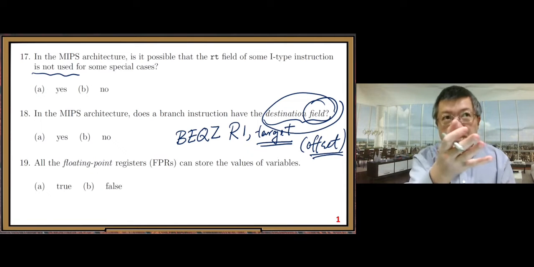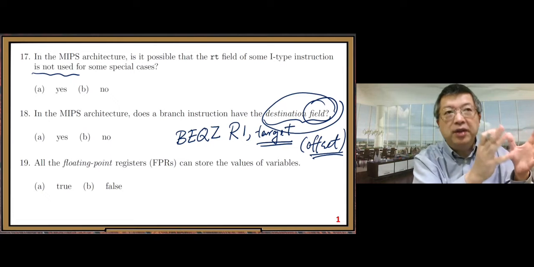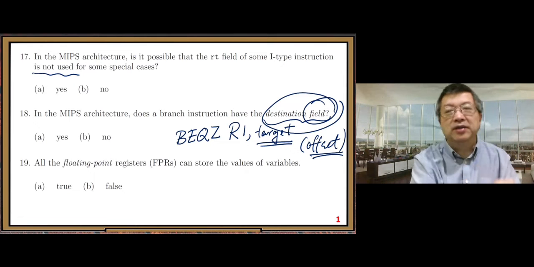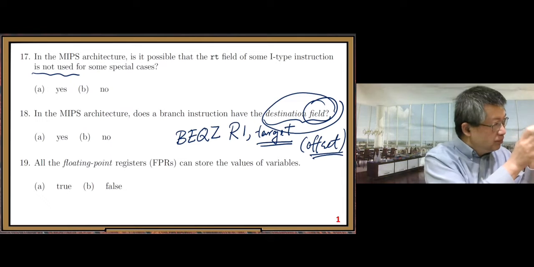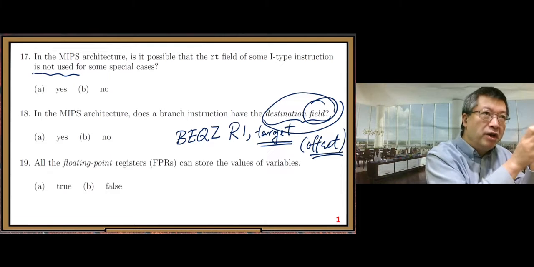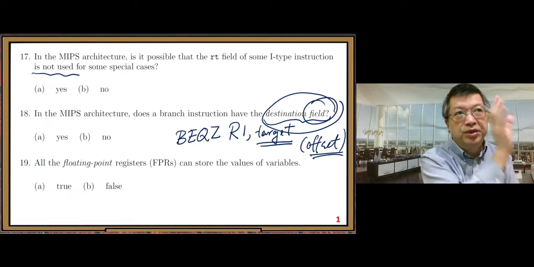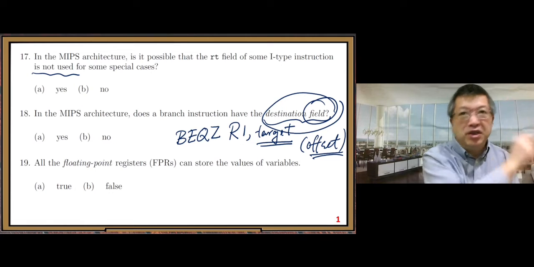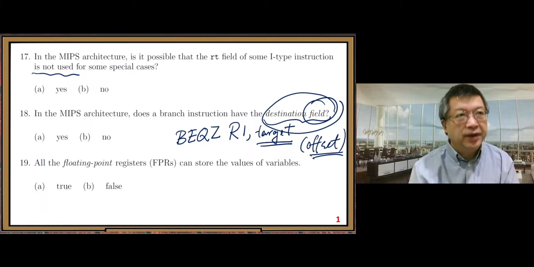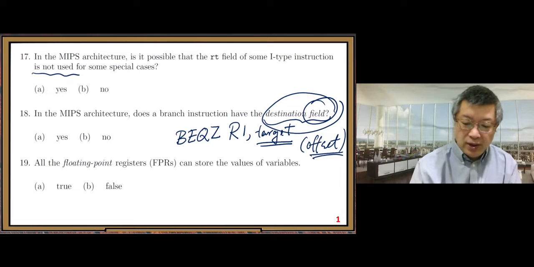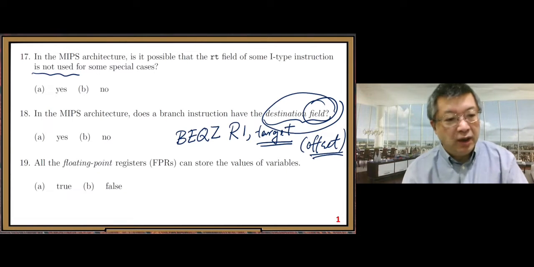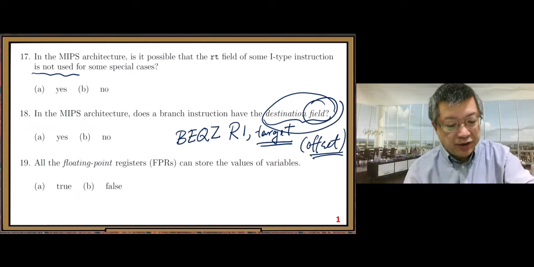Because destination, you can generate indirectly. But destination field, you need to have a specific number of bits used to give you the destination information directly. So that's the meaning of the destination field. Try to separate those 2 cases.